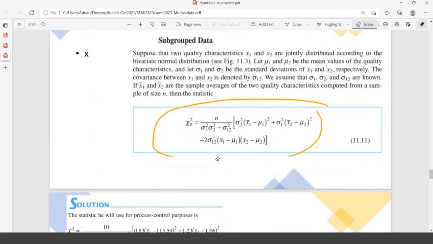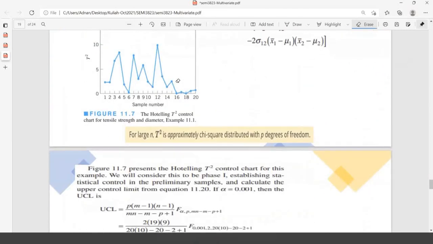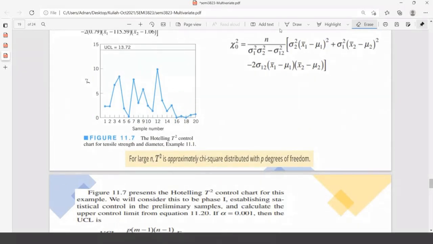what needs to be done is we can use this formula to find the T value. As I said, this statement is important. For large n, T square is approximately chi-square distributed with P degrees of freedom.